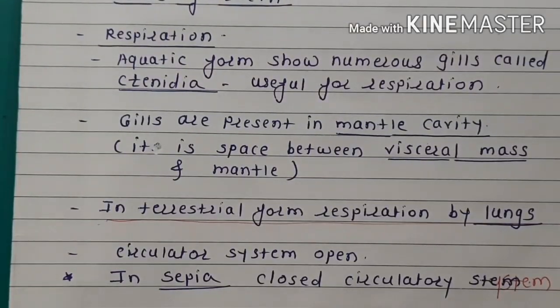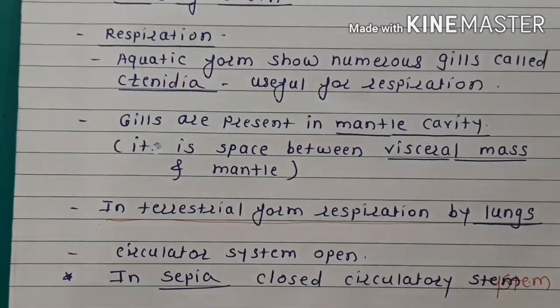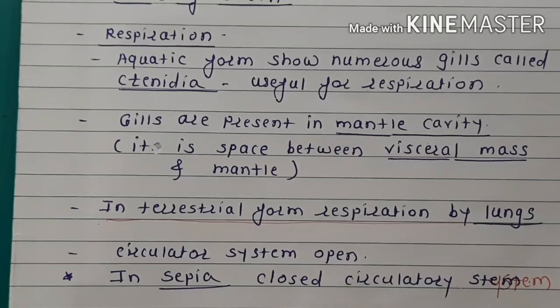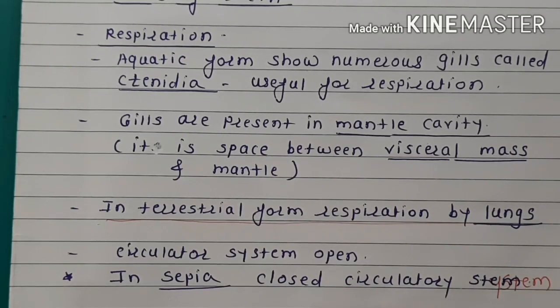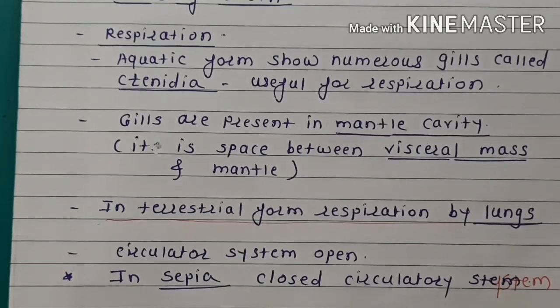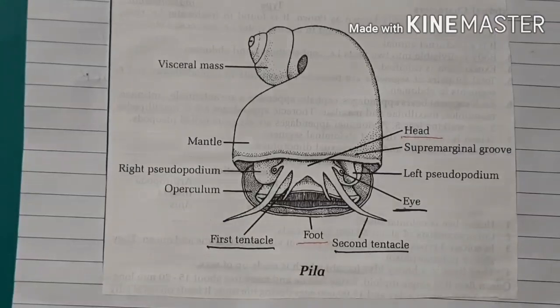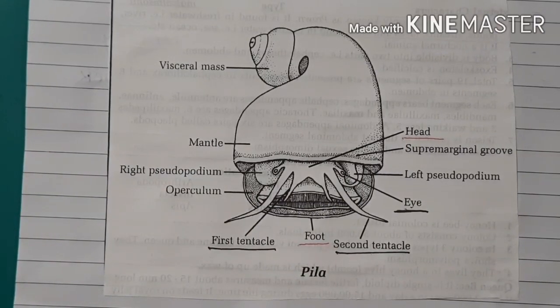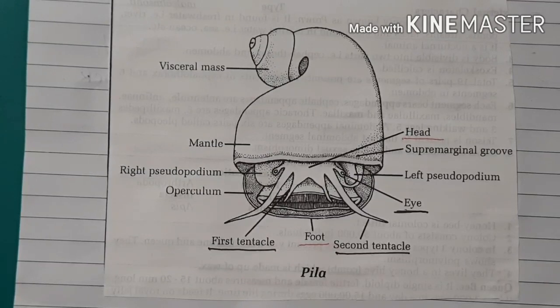Respiration. In aquatic forms, respiration takes place by numerous gills, which are called ctenidia. Gills are present in the mantle cavity. In terrestrial forms, respiration by lungs. Excretion by kidney, called organ of Bojanus.